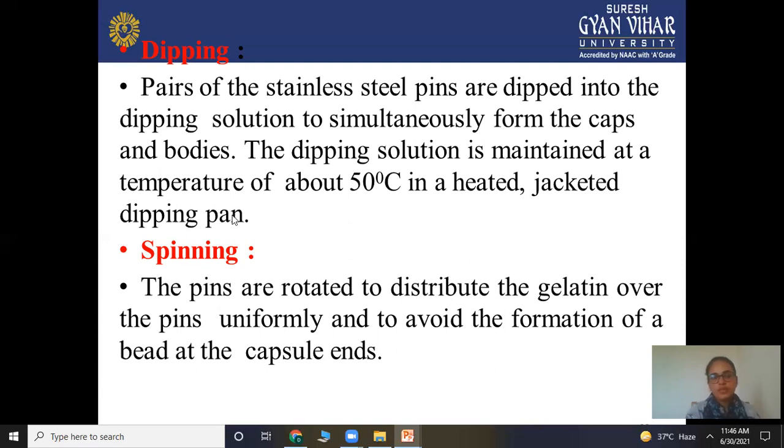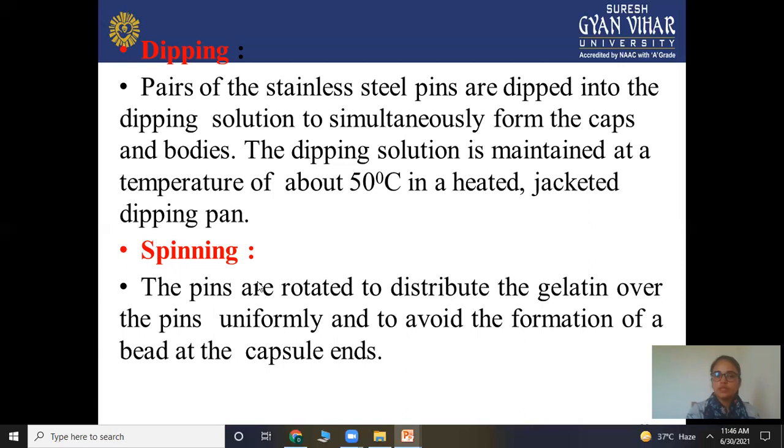Then after dipping, spinning takes place. In spinning, the pins are rotated to distribute the gelatin over the pins uniformly and avoid the formation of a bead at the capsule end. In this, the mold pins are rotated continuously, and due to this rotation, the gelatin is distributed uniformly and avoids the formation of weight at the capsule end. So this is the spinning procedure. After dipping the capsule mold in the gelatin, it is spun.